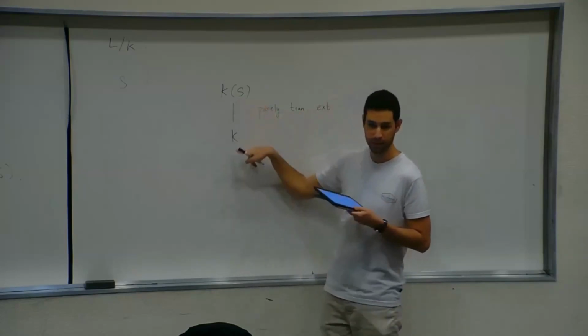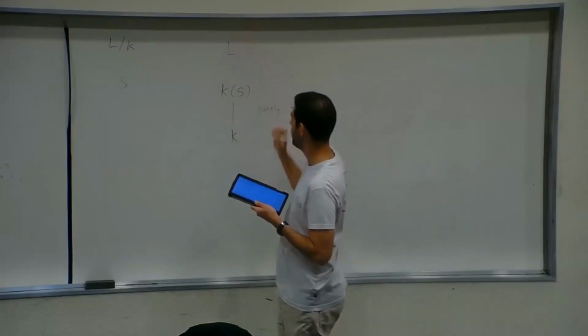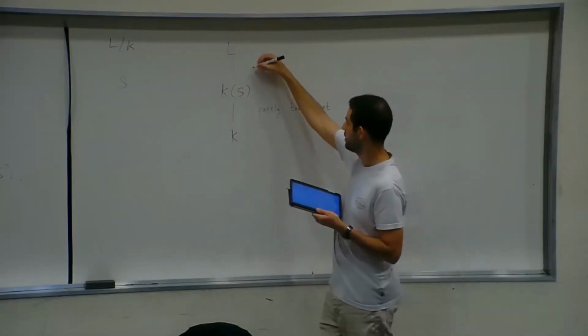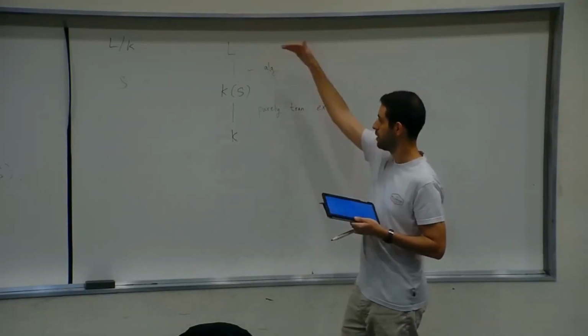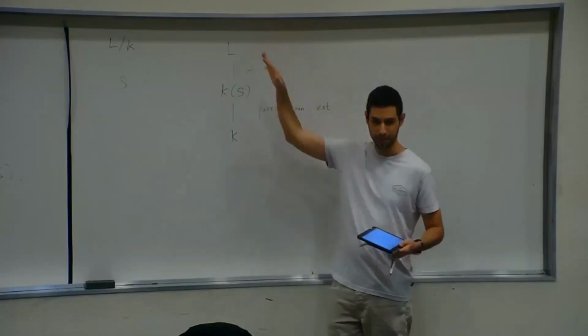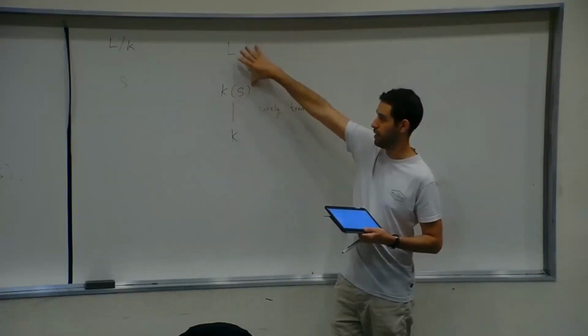This just means that S is a transcendental basis of L over K. And then we can take L over K(S), and this is algebraic. So any field extension we can break into the purely transcendental part and the algebraic part.